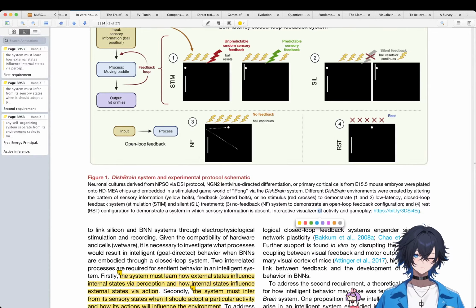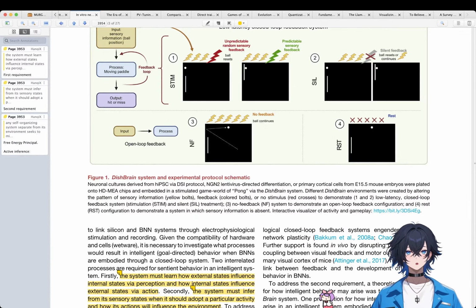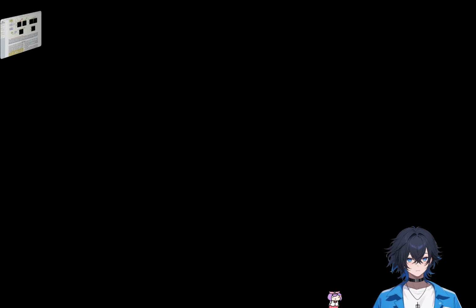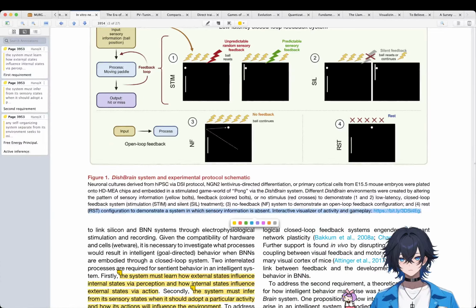There's not even a special state telling you that the ball has bounced. No sensory information. Okay. Interesting.